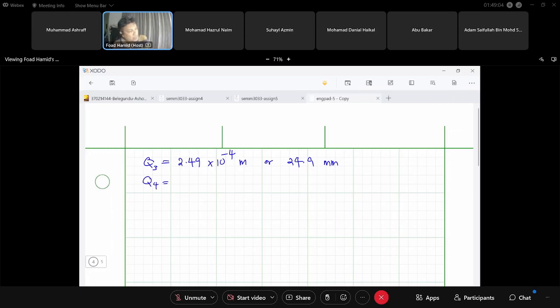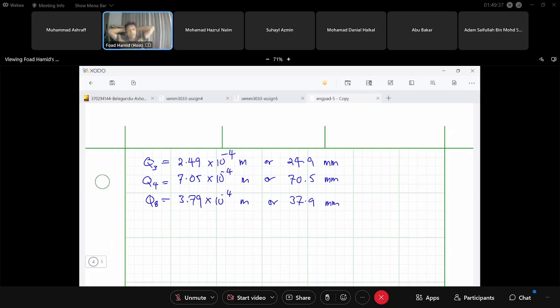Q4 is equal to 7.05 times 10 to the minus 4 meter, or 70.5 millimeter, and Q8 is equal to 3.79 times 10 to the minus 4 meter, or 37.9 millimeter. Okay, so that is the solution.